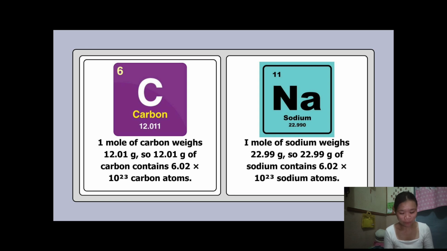And for sodium, one mole of sodium weighs 22.99 grams, so 22.99 grams of sodium contains 6.022 times 10 raised to the power of 23 sodium atoms.